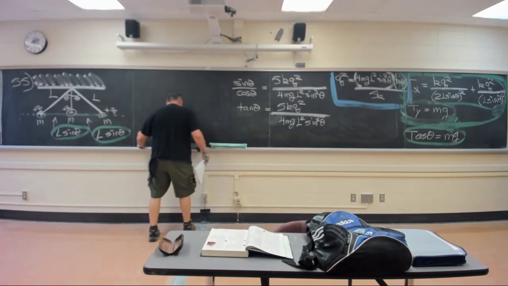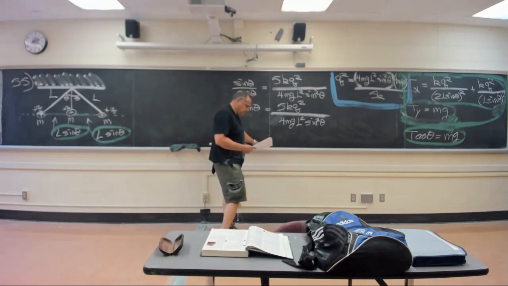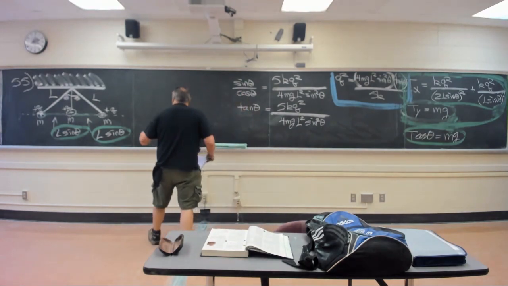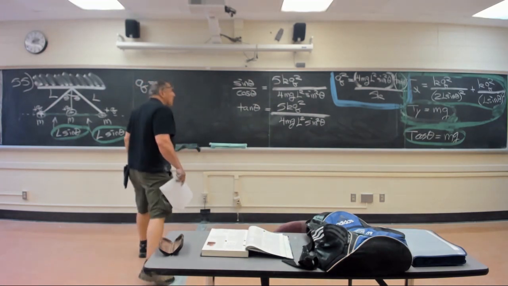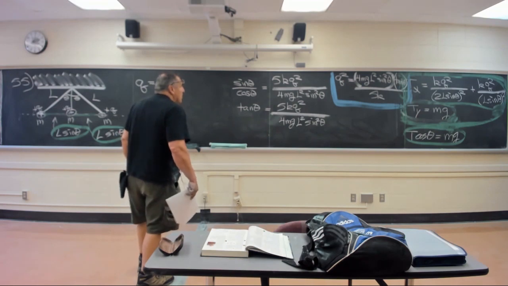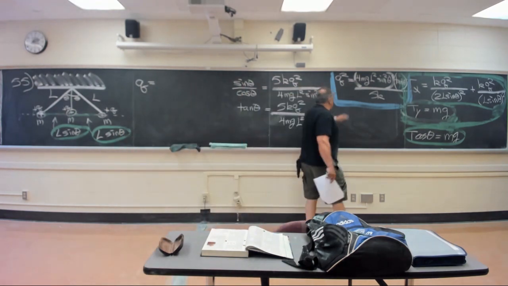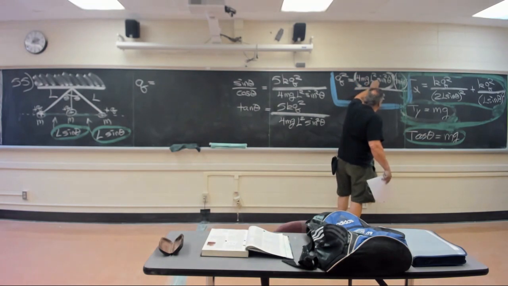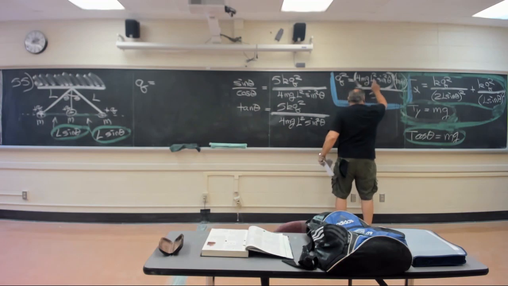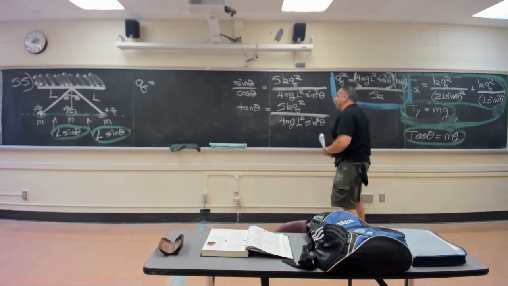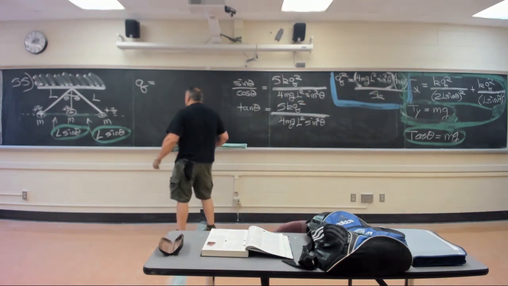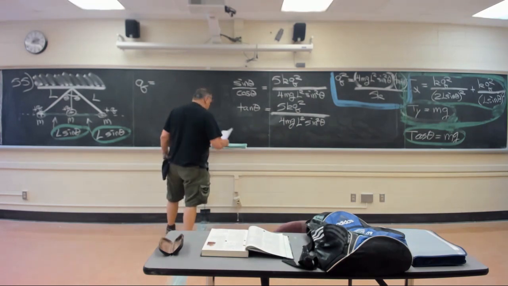That thing in blue. Square root of Q squared is Q. Square root of 4 is 2. Square root of L squared is L. Square root of sine squared is sine. Everybody else is legitimately square rooted, I guess you could say. So the 2, the L, and the sine theta.